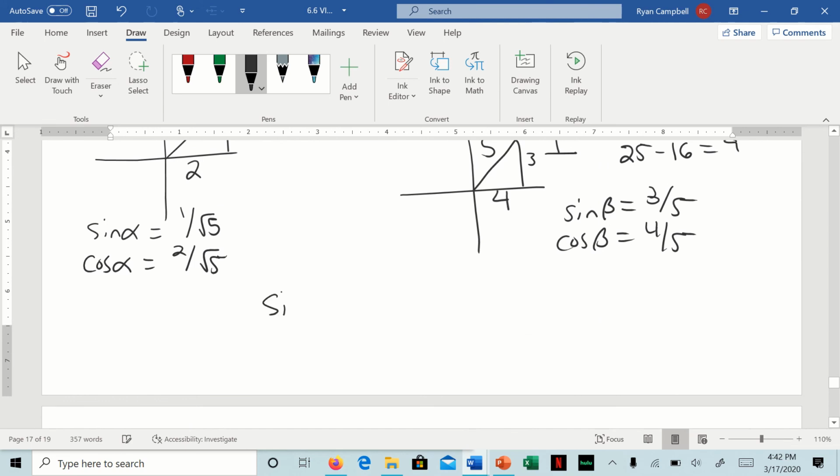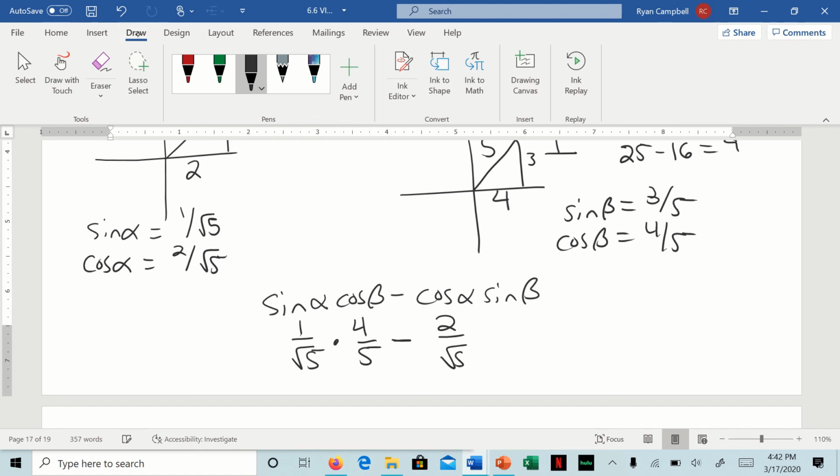So we had sine of alpha, cosine of beta, minus cosine of alpha, sine of beta. So sine of alpha is 1 over square root of 5. Cosine of beta is 4/5. Cosine of alpha is 2 over square root of 5. Sine of beta is 3/5.